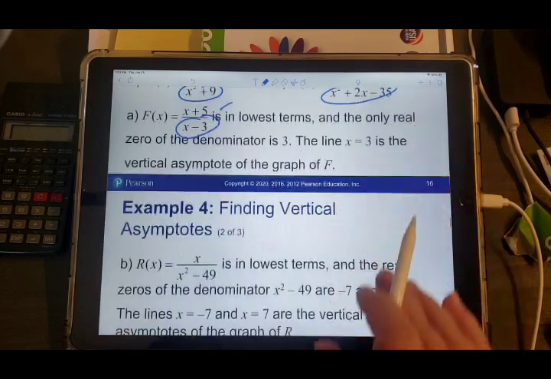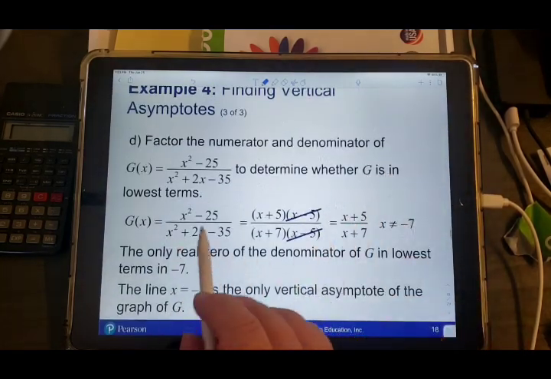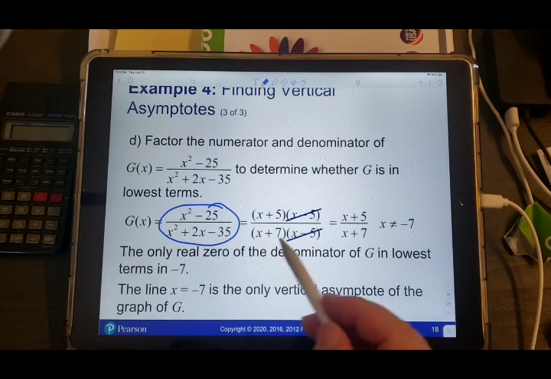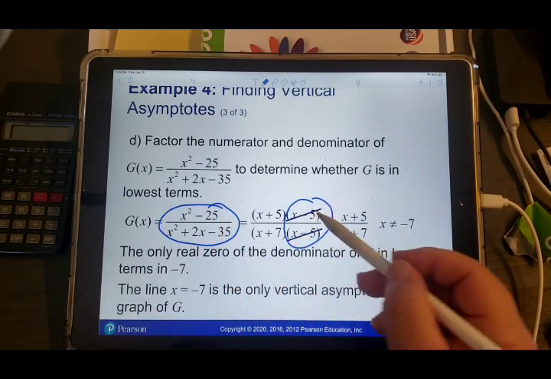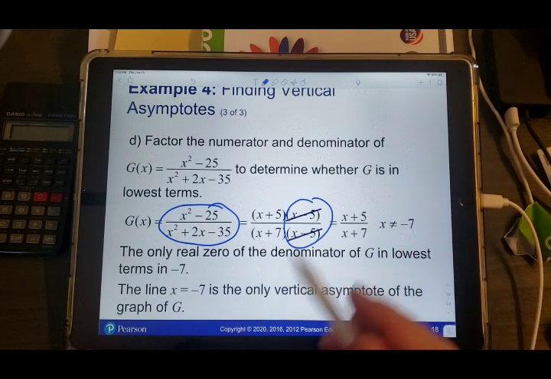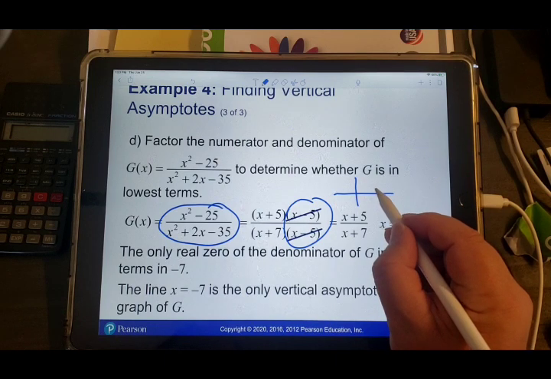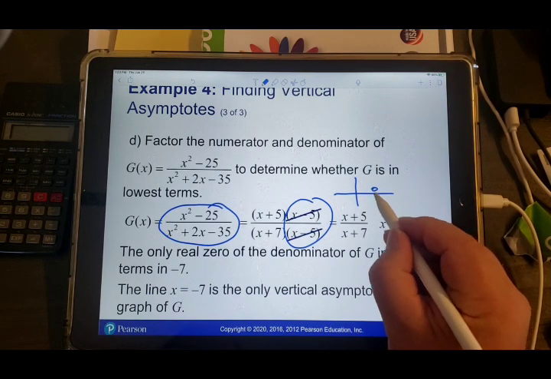Let's look at D and why it's different. With D, this was the problem we were given, but notice how we had x minus 5 both in the numerator and denominator. What that means is at 5, there's just going to be a hole in the graph.